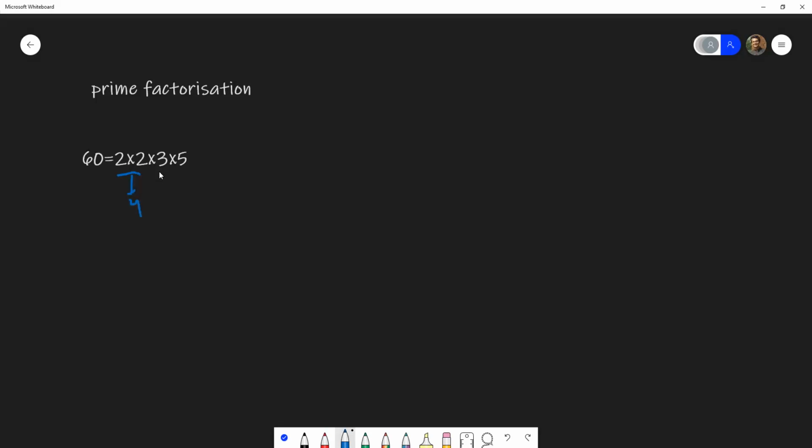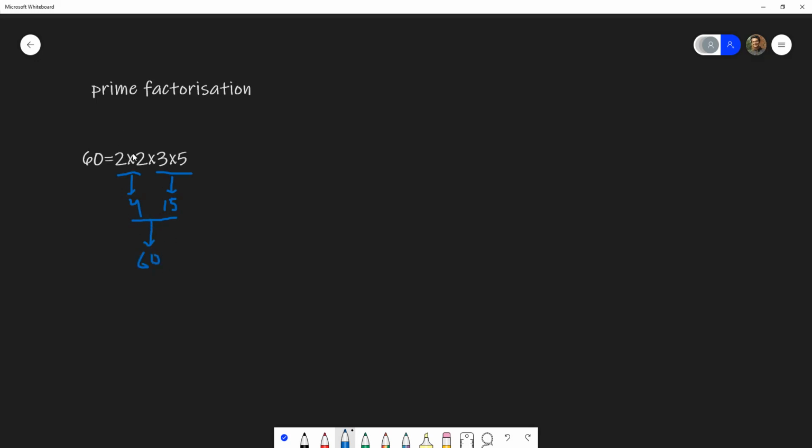Then 3 times 5 is 15. 4 times 15 is 60. You can do it like this as well.